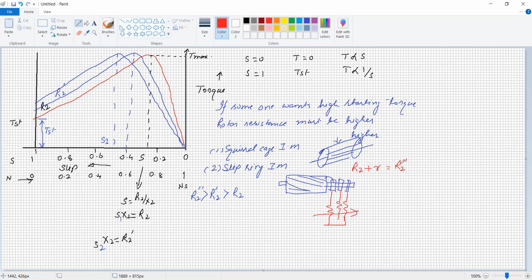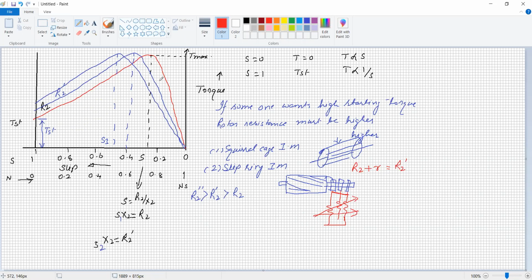Once the starting torque purpose is over, this resistance is gradually cut out, and in the normal condition it is short circuited when we move our variable resistance handle. So in the normal working condition, only the actual resistance of the rotor winding remains, and it gives less copper losses under running condition. So this is very important.